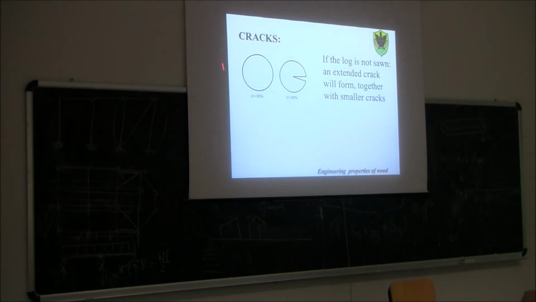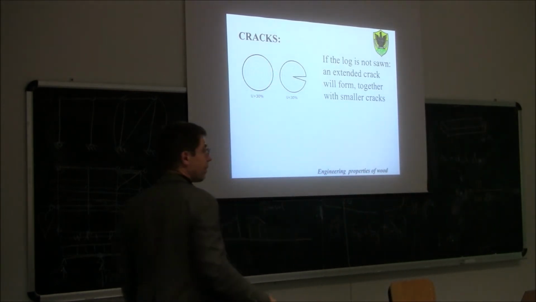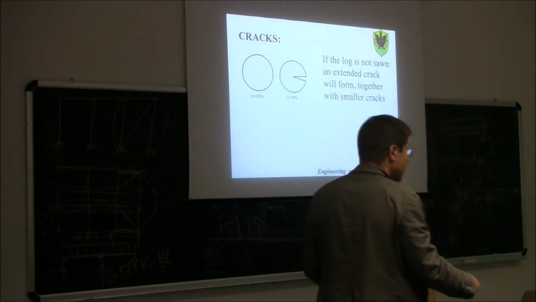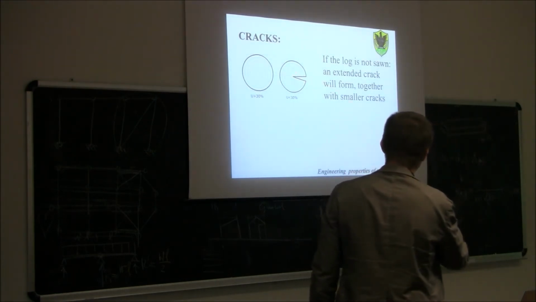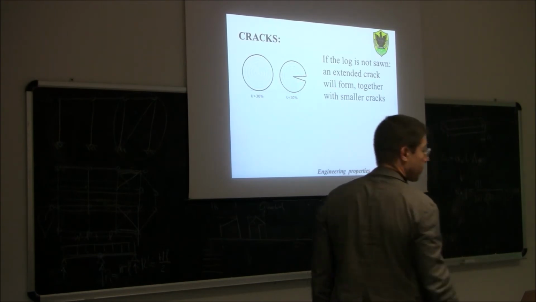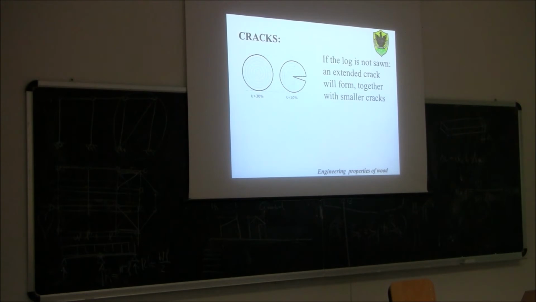If we have a log, for example, often we can use this kind of round cross section. If you have a log, of course without the bark, senza corteccia, and we allow this round cross section to dry naturally, then due to this anisotropic behavior, at the end we will have the formation of a crack. So often, in order to avoid this big crack, artificially they make a small cut with the saw.